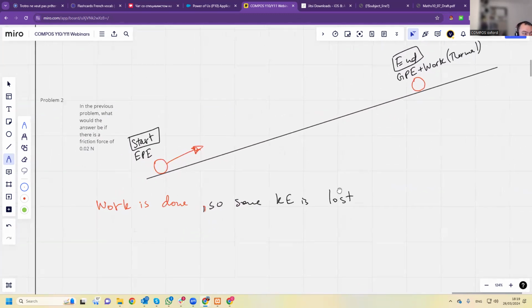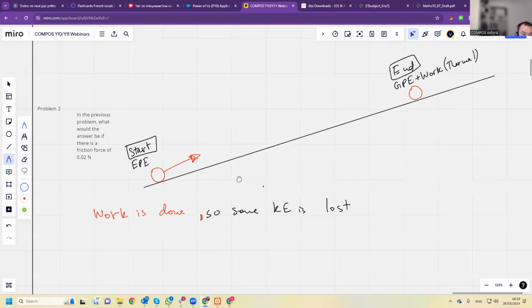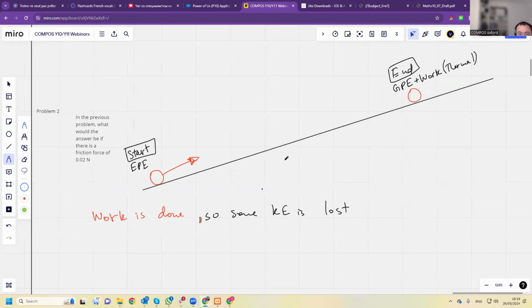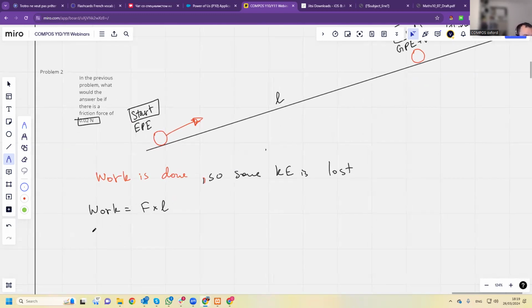And the work done is force times distance. Well, obviously it's negative. The force is 0.02 and the distance is L. So work done is force times L. That's the first thing. Then the gain in gravitational potential energy is mgh, which we don't know.